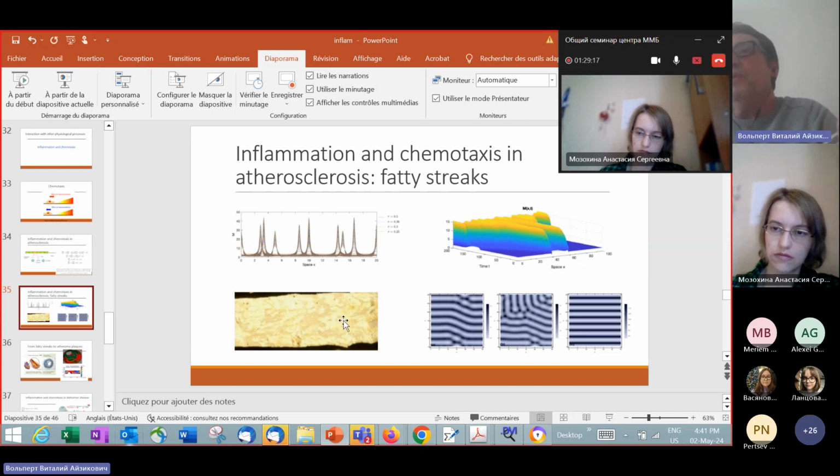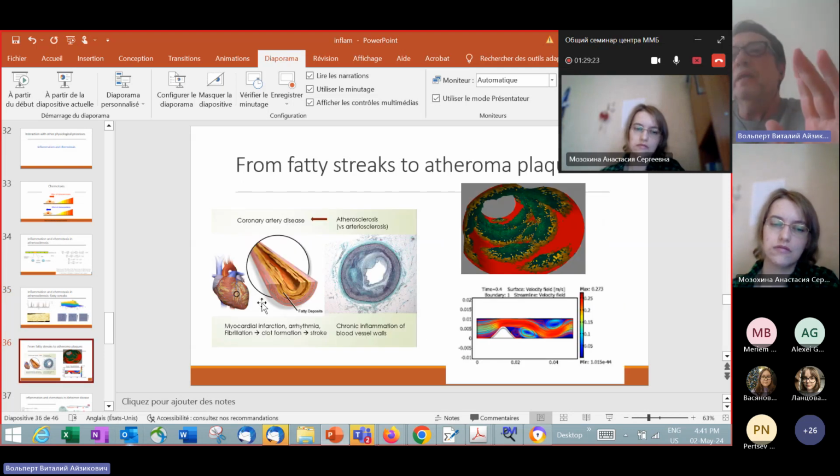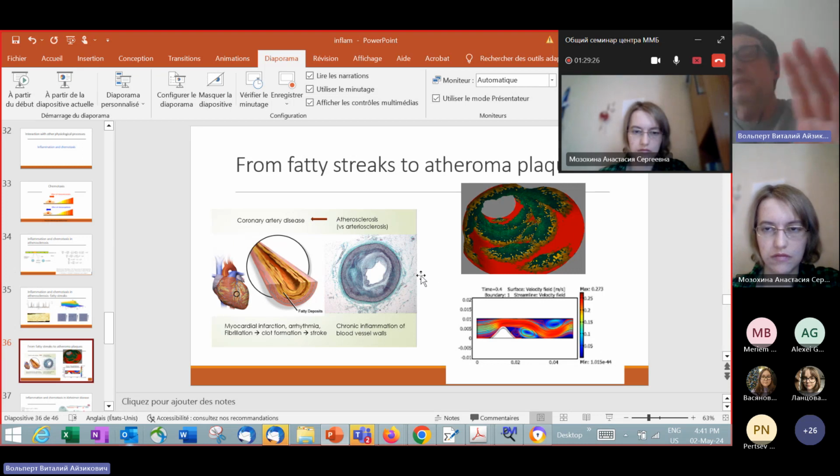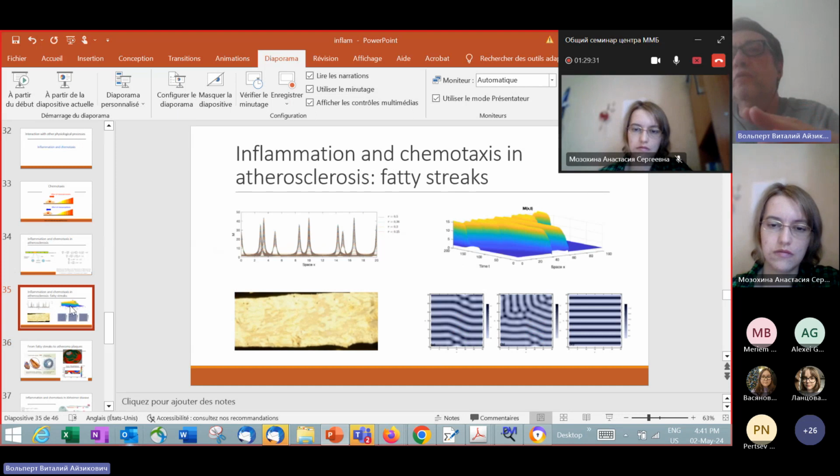Because when we talk about atherosclerotic plaque, usually people understand a developed plaque, as it is shown in this figure. This is different. The beginning of that, these are very small plaques which are distributed everywhere along the whole vessel.